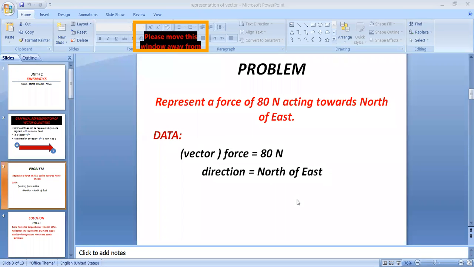So what will be your first step? Any idea? Draw a graph? No. Nuzef? To draw a line showing north of east.